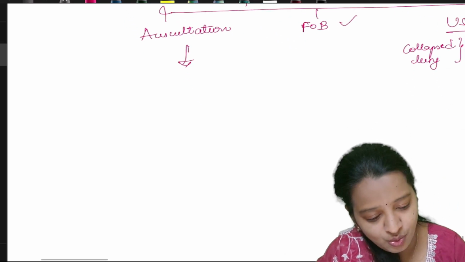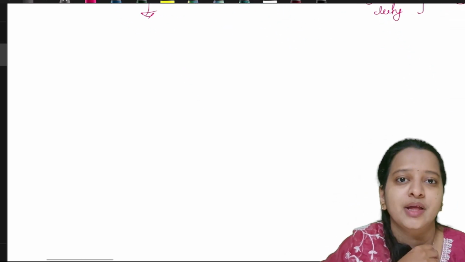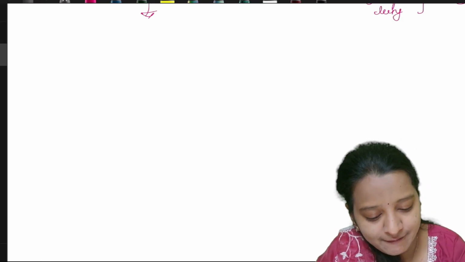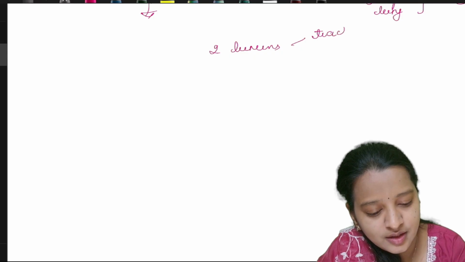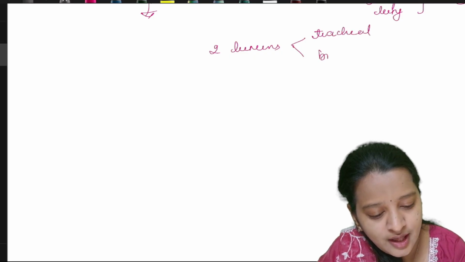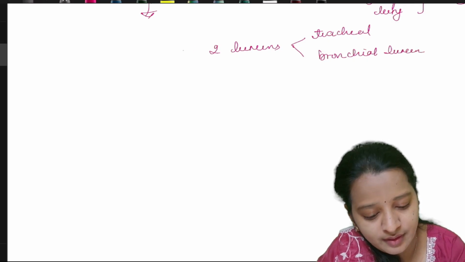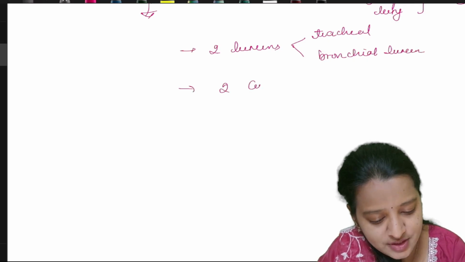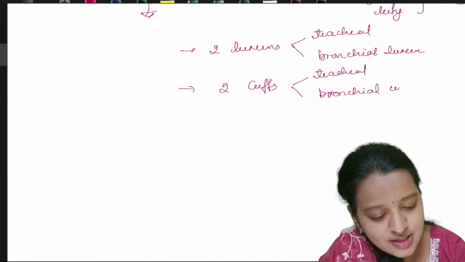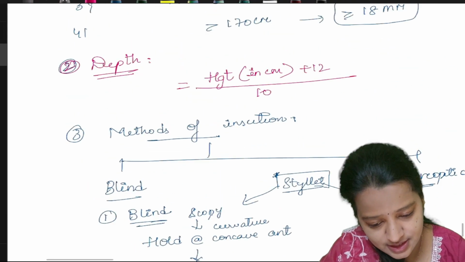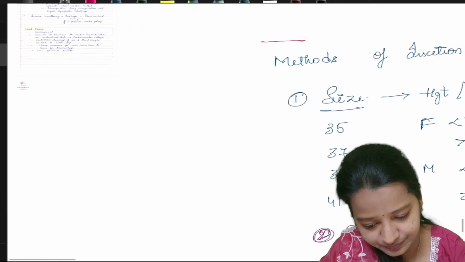First, a DLT will have two lumens, tracheal and bronchial lumen, and two cuffs, tracheal cuff and bronchial cuff. Let us see in the form of a diagram.